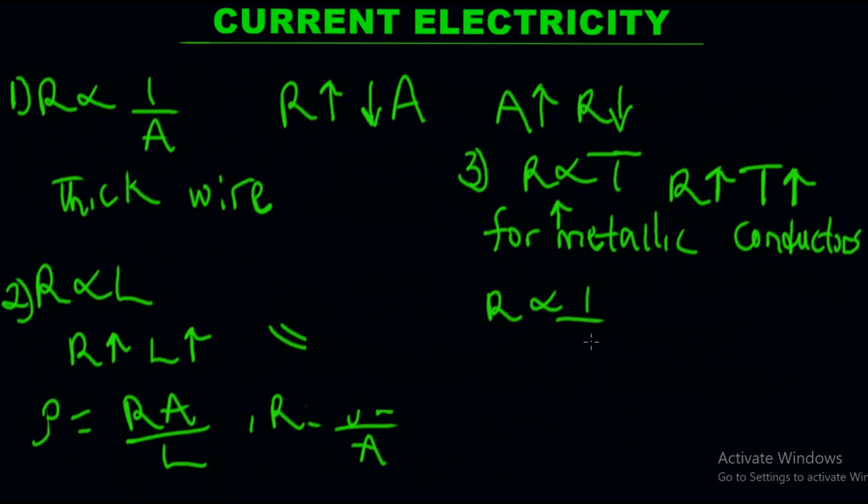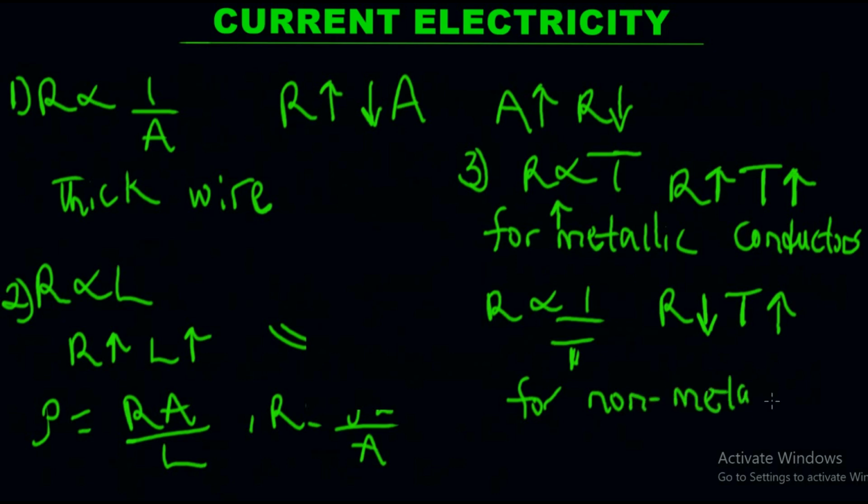So it has an indirect relationship. So meaning that we said the resistance decreases, right, as the temperature increases. So this is for non-metallic conductors. Good. Metallic conductors. Yes.